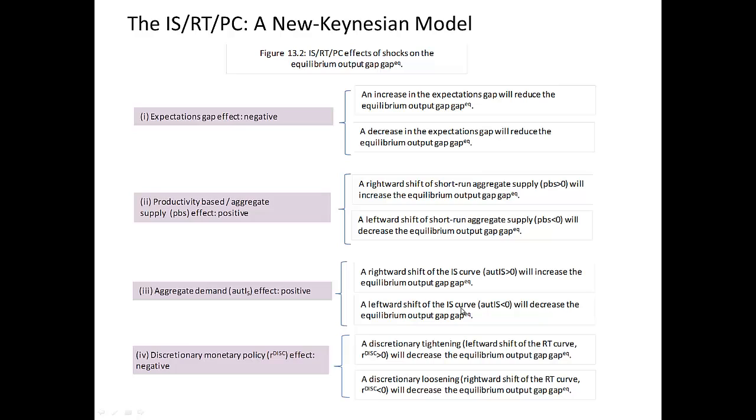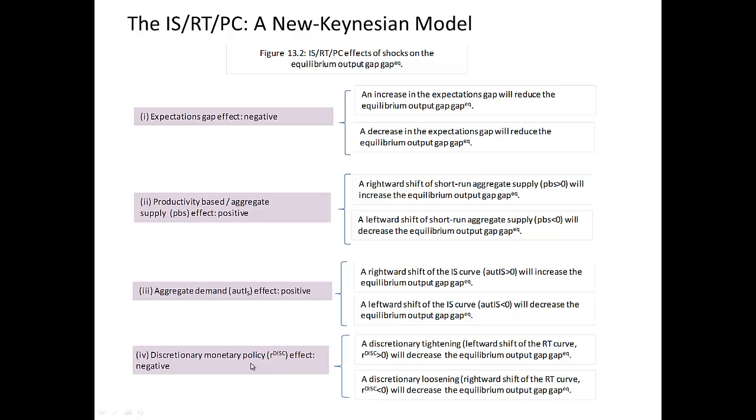Conversely, if we have a decrease in aggregate demand, a leftward shift of the IS curve, the central bank will reduce interest rates. So the magnitude of the shift here in the gap is going to be less than the magnitude of the original shift in the IS curve.